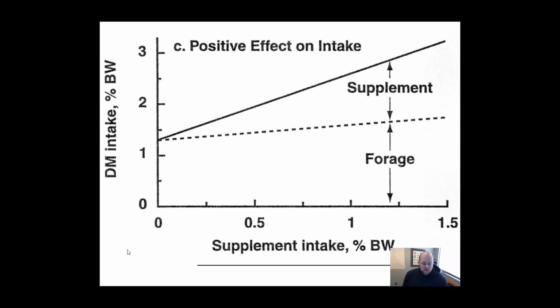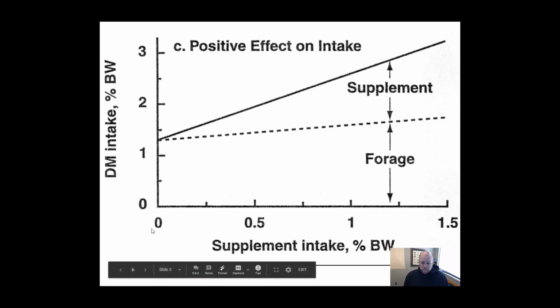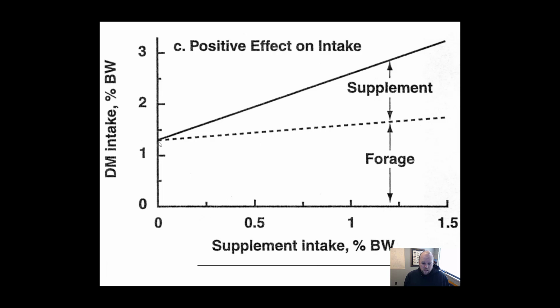You may think that something like this is what always happens with supplementation in grazing systems. On the x-axis is the amount of supplement, and this dashed line is the amount of forage intake. What you think may always happen is that as you add supplement, the animals just eat the supplement in addition to whatever amount of forage they were going to eat anyway.